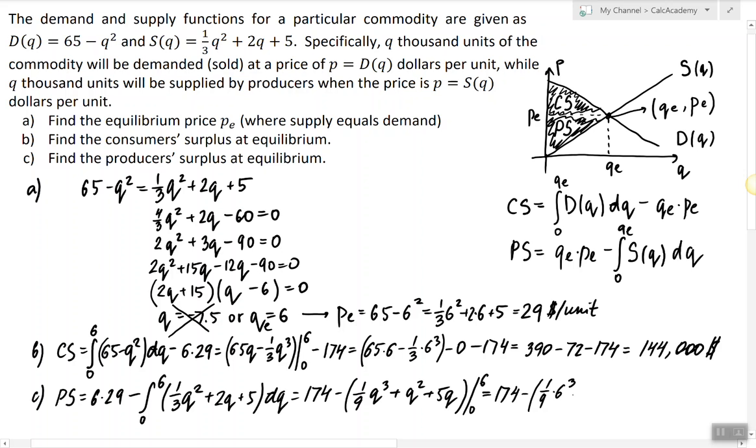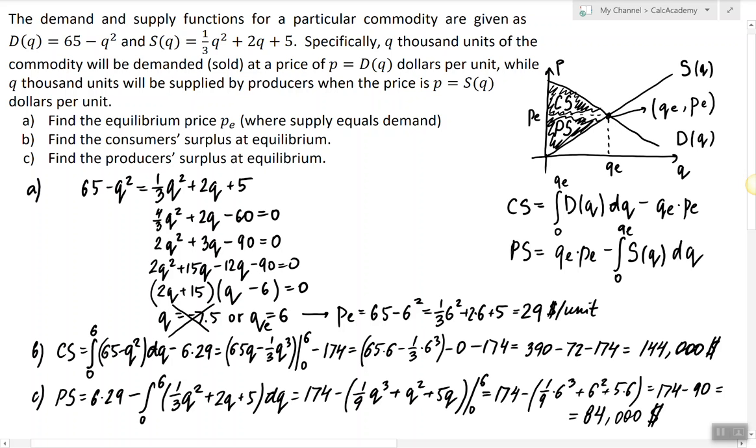So 1/9 times 6 cubed plus 6 squared plus 5 times 6, and we get 174 minus, in parentheses, 6 cubed divided by 9 is 24. 24 plus 36 is 60. 60 plus 30 is 90. So we have 174 minus 90, which is 84. And the units are thousands of dollars.